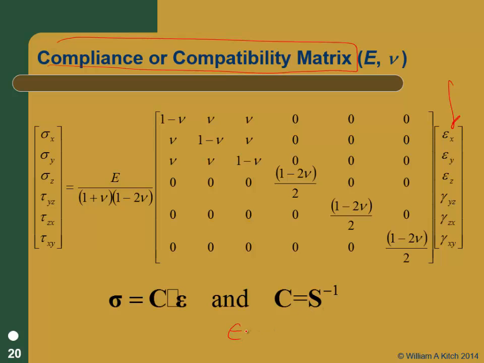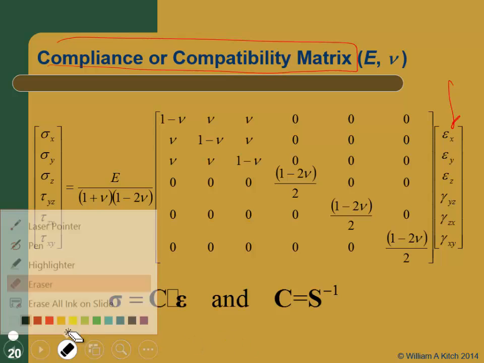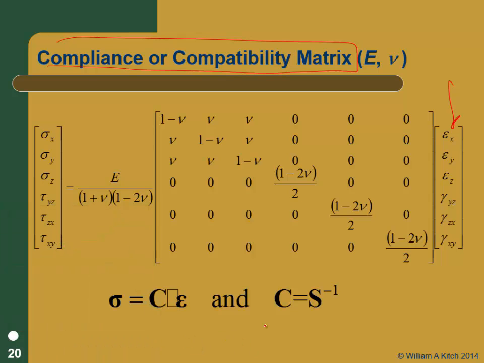C is equal to the inverse of S. I guess if I read my slide, I could do that. So that's a compatibility matrix. And I've conveniently written that one out for you so you don't have to copy it all down.